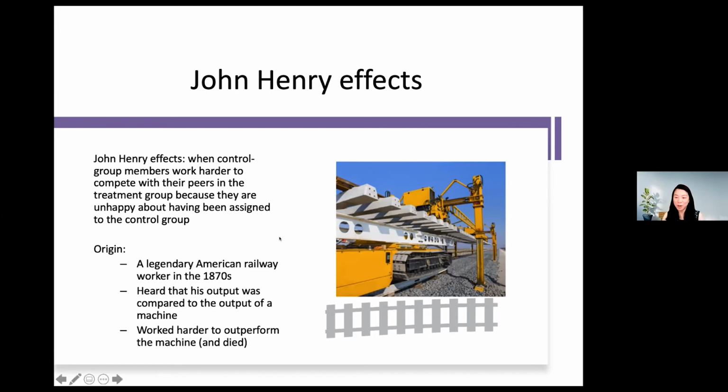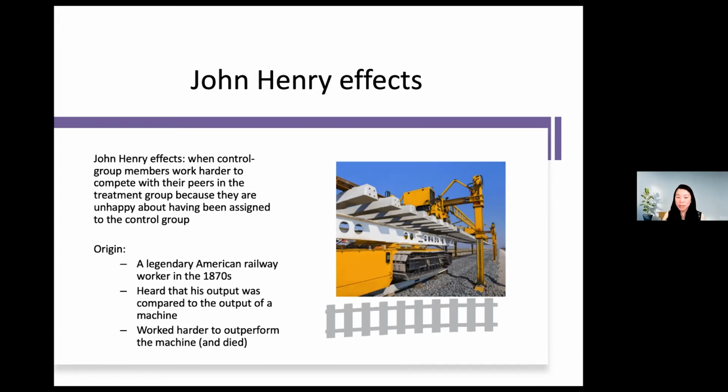A fun story behind John Henry is that he was a worker on the American railway in the 1870s. The researchers were trying to do an experiment to see whether using a machine to build the railway would be more efficient than using railway workers.